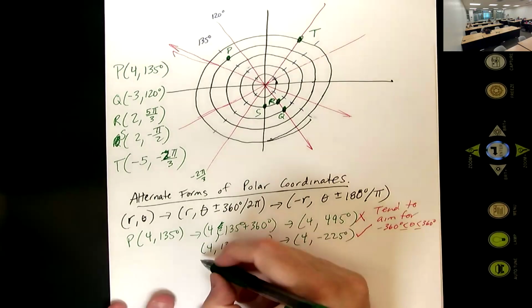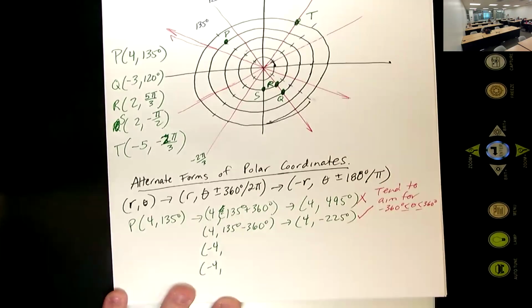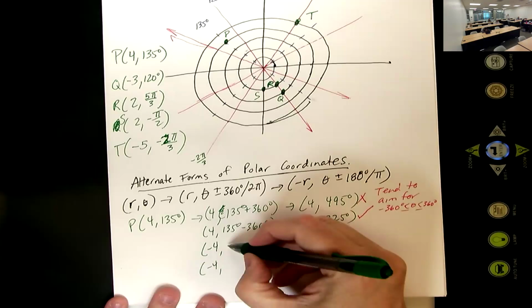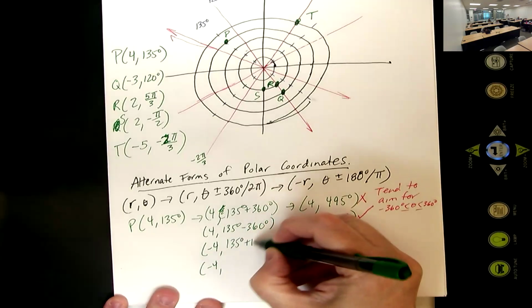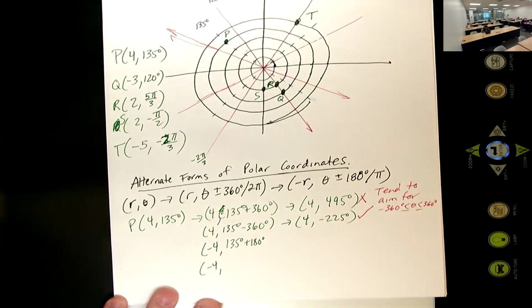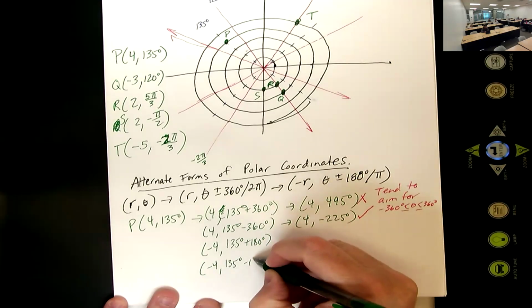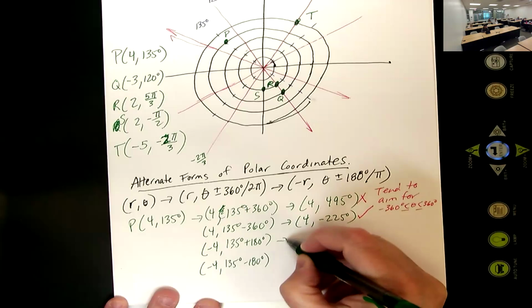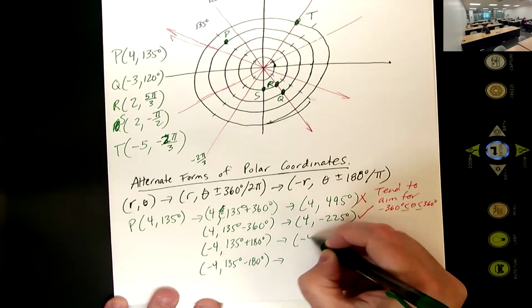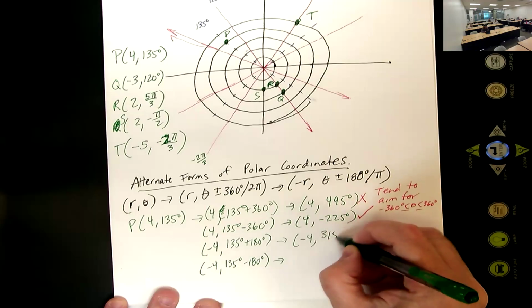Then we have the -4 options. We're going to do 135 plus 180, and 135 degrees minus 180. This is -4, 315.